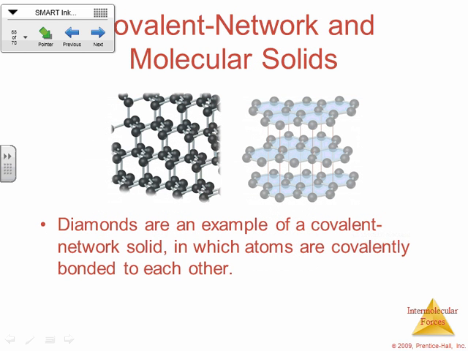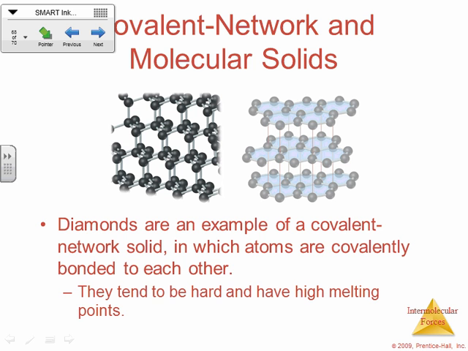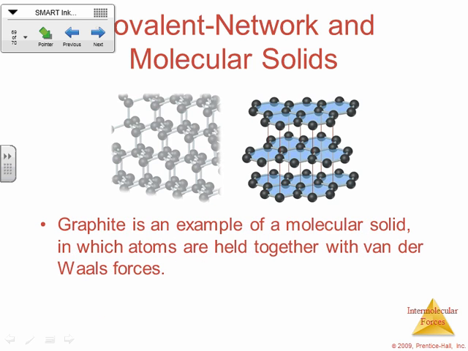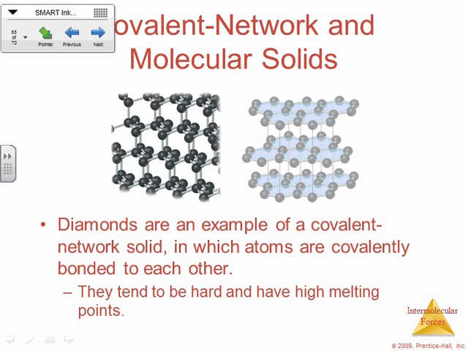Okay, so here's an example of two covalent network solids. One is graphite, one is diamond. Here's what's going on with this. This is diamond right here. And you guys see how all of these are covalently bonded to one another, okay?